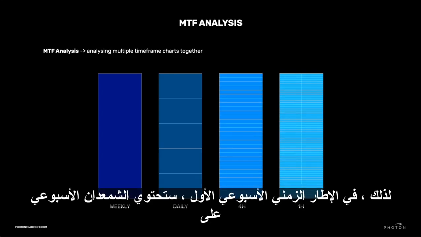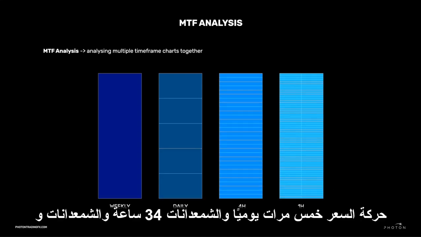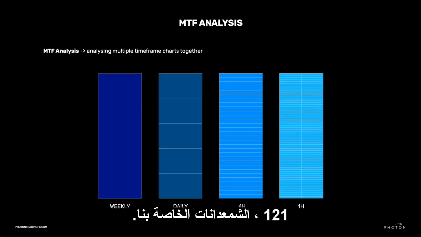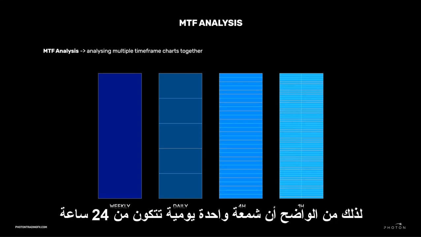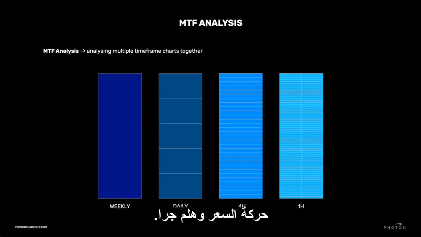So on the weekly time frame, one weekly candlestick will contain the price action of 5 daily candlesticks, 30 4-hour candlesticks, and 120 1-hour candlesticks. So obviously one daily candle will be made up of 24 hours worth of price action, and so on.